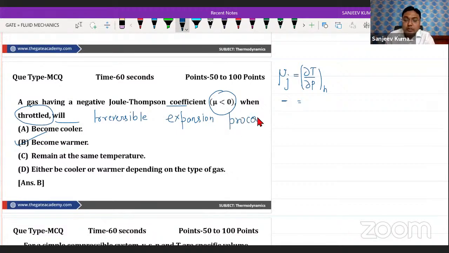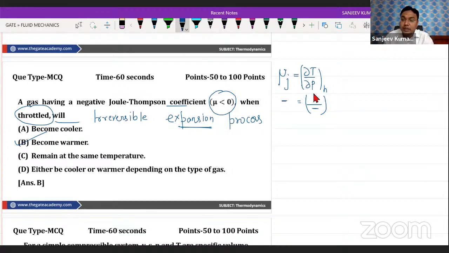So when you talk about expansion, it means pressure must decrease. Pressure must decrease. Now you can see out of this, pressure is decreasing, so the change in pressure is negative, right? So what should be the value of temperature?